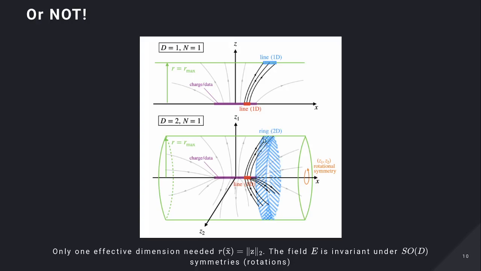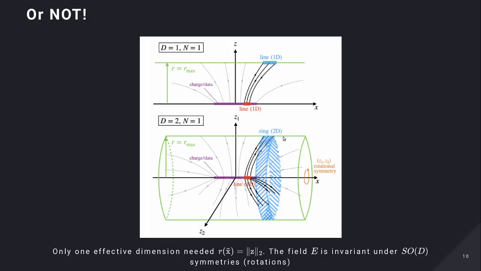This red piece gets mapped to just a ring on the cylinder, but the field is invariant under rotation, so for any slice at a particular angle you'll have a similar curve under moving to another angle, and so you can sort of ignore all these rotations on the cylinder and only keep one.